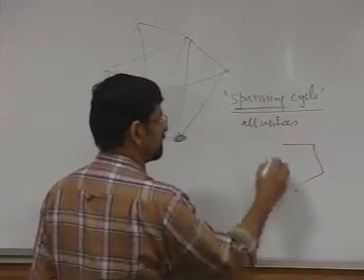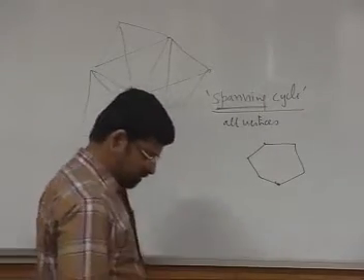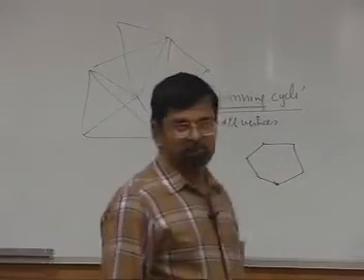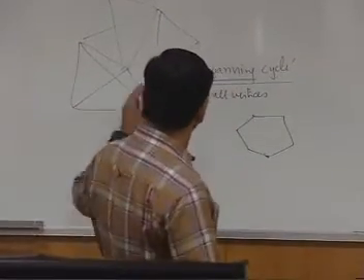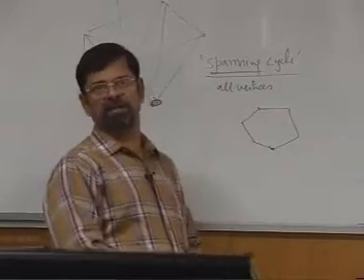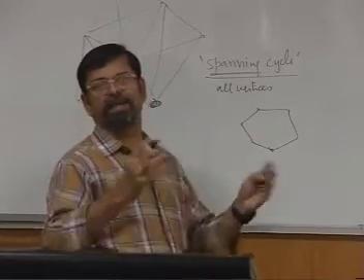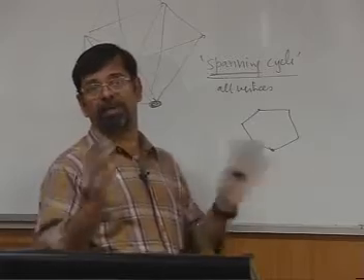Cycle means it is something like this: no vertex is considered more than once. If the graph is complete, that is, if all pairs of vertices are connected by edges, then every permutation would define a cycle.